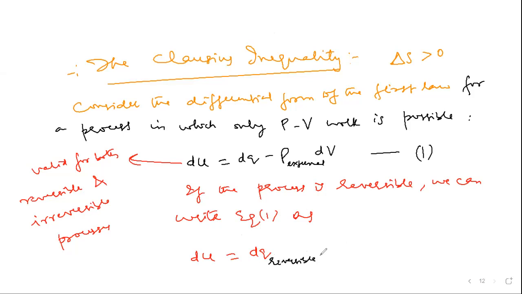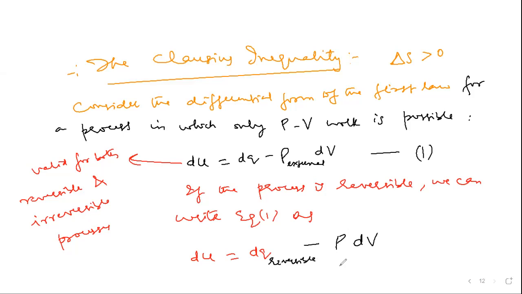It specifies that heat is put into the system or heat moves across the boundary between the system and the surroundings under reversible conditions, right? This is for a reversible process, so P external is equal to P.